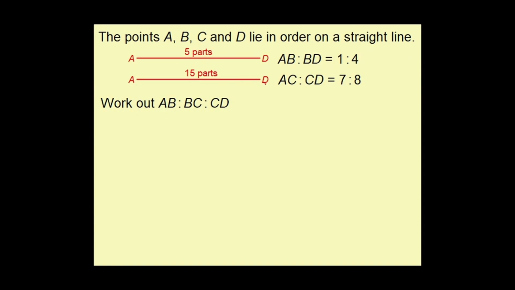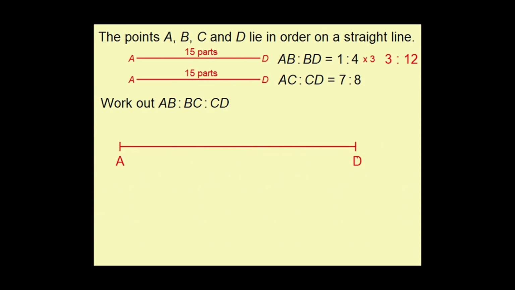Now to make any comparison, I need to have the same amount of parts here as I have here. I know that 5 goes into 15 3 times, so I can multiply this by 3. If I multiply this by 3, I get the ratio 3 to 12, and that gives me a total of 15 parts. I've now got the same amount of parts in each line, so I can start comparing.